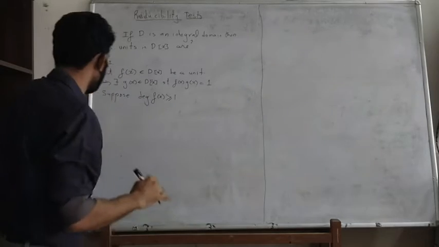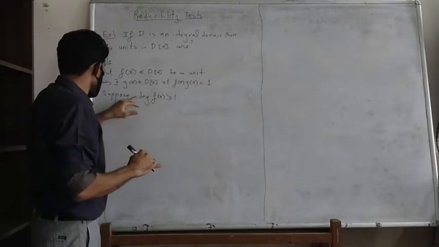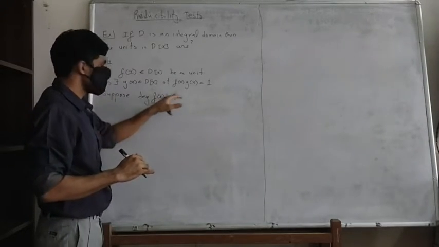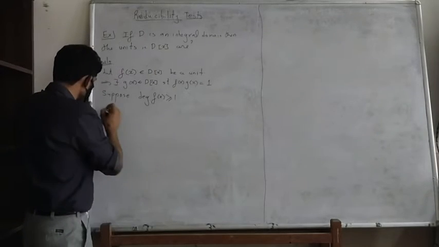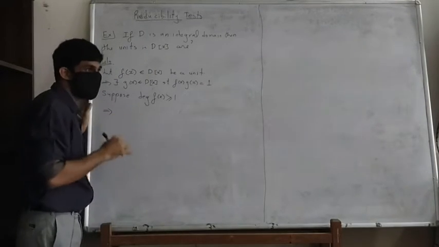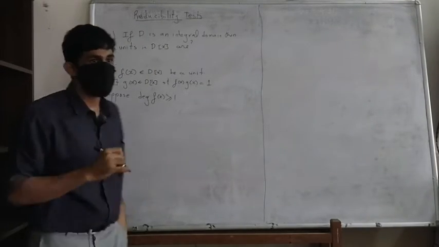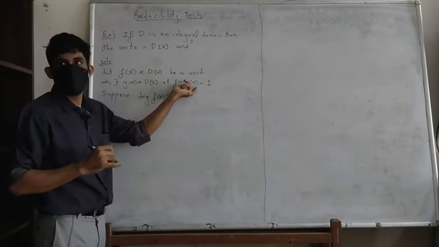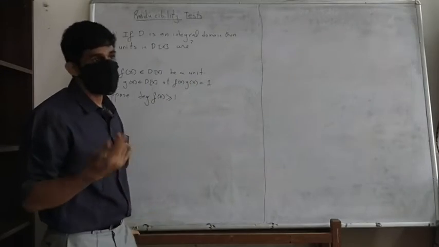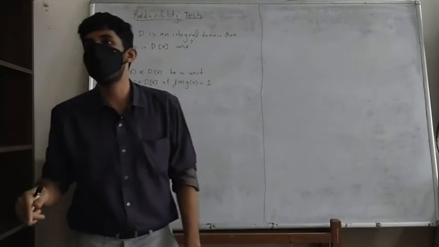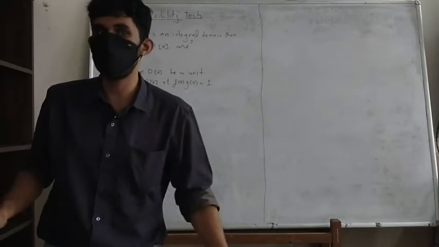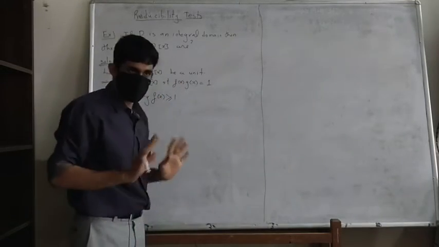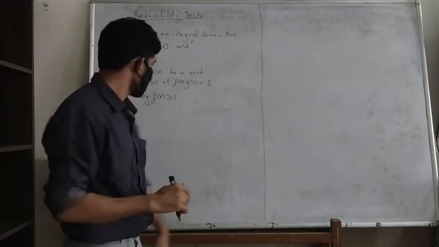Since we are in an integral domain, we know that the degree of f times g is equal to the degree of f plus the degree of g. In any integral domain this is always true. We have proved it.